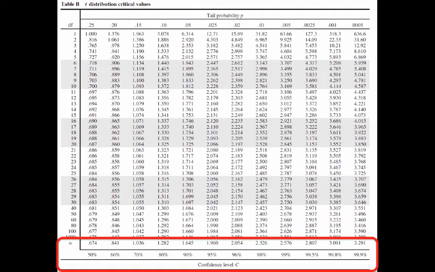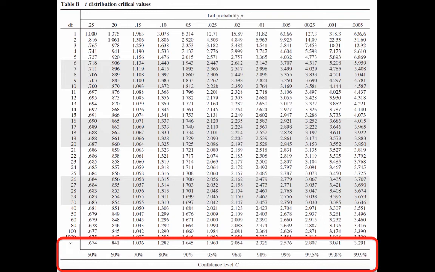And I'll tell you right now that to find z star, look at the bottom of table B on the formula sheets. I did include some formula sheets in the packet that is emailed or mailed to you, and it is also on the Cardenas Math website. If you take a look at table B, you go all the way to the bottom, and you'll see confidence levels next to the infinity symbol on the degrees of freedom part over there.